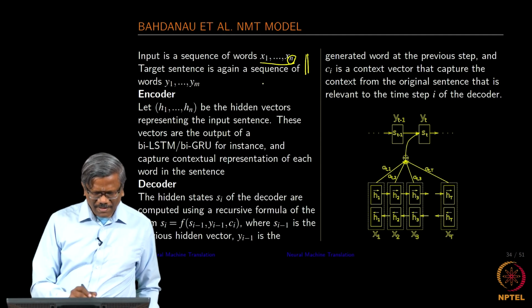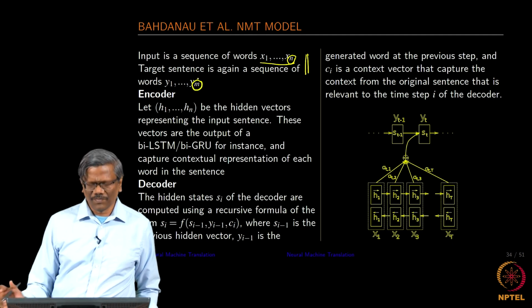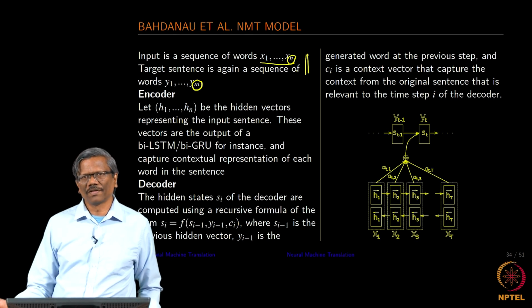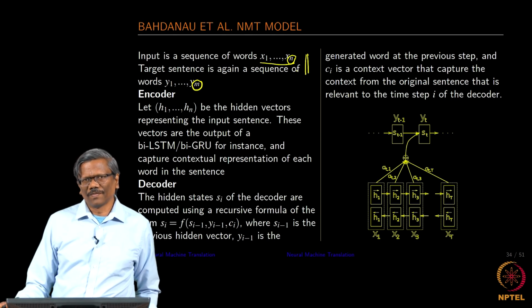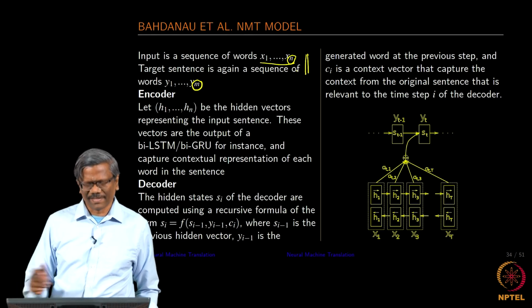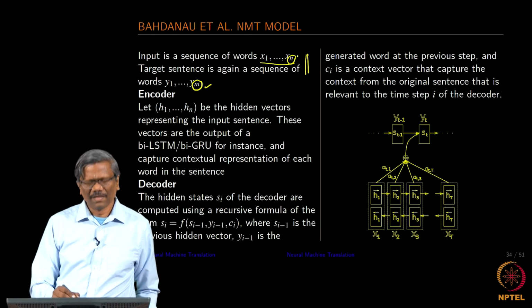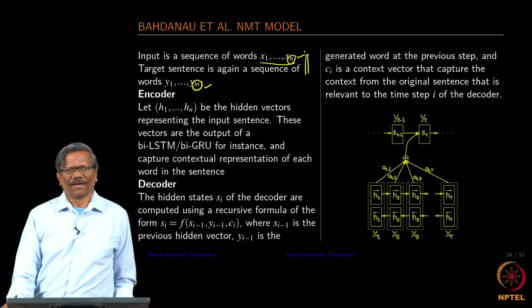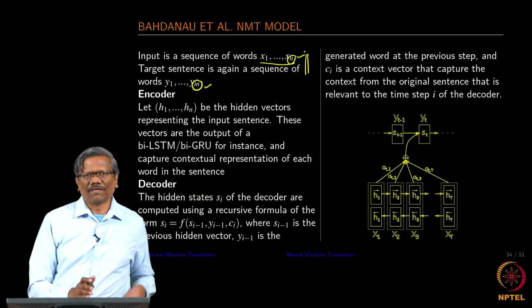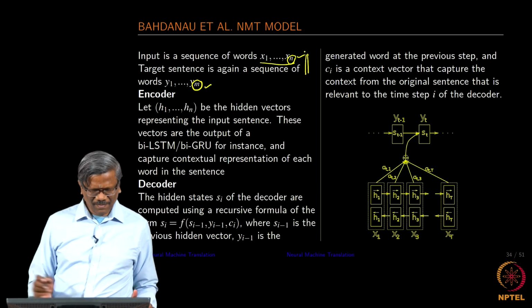And then we have a target sentence, which is again a sequence whose length is m. So, we can have a longer sentence producing a shorter translation or a shorter sentence producing a longer translation as well. We need to keep this in mind, right. The sentences are not of the same size.